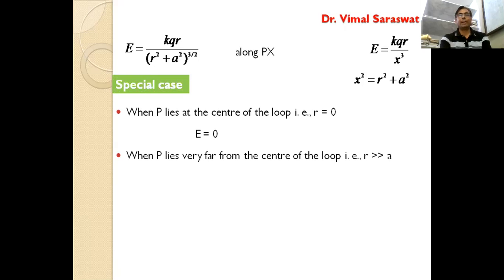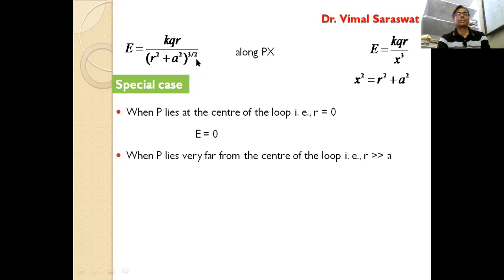When P lies very far from the center of the loop, it means the distance of point P from O is very much greater in comparison to the radius of the loop. So r is very much greater than a. It means this value will be r square.